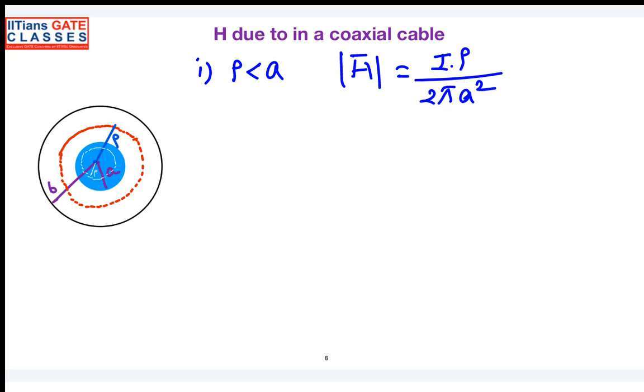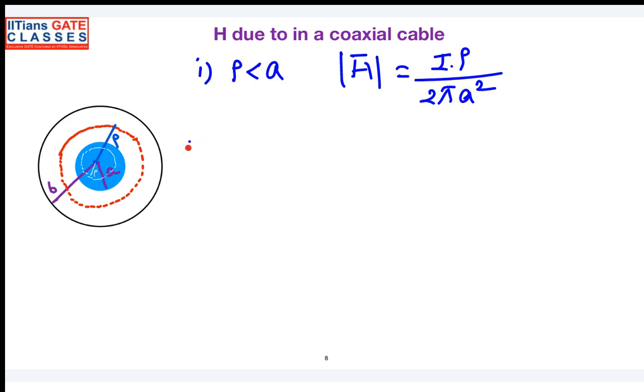The moment the area increases, you are going to capture more current. Similarly, in electrostatics also, if the volume of the Gaussian surface increases, you are going to enclose more charge. As the loop area gets larger, you are trying to capture more current. Once the current is getting high, your magnetic field intensity is also going to be high.